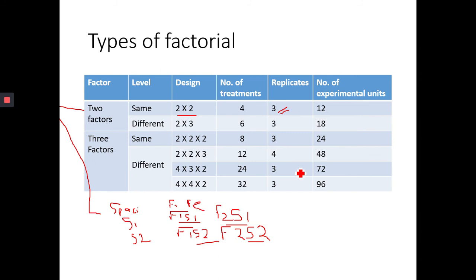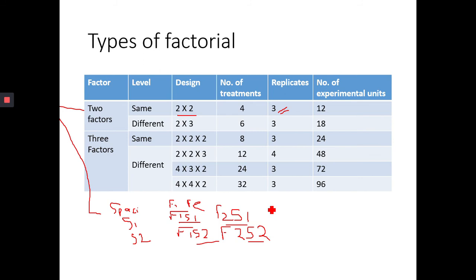Now, if we use 3 replicates, the number of experimental units, remember, the experimental units simply refers to those elements that are receiving the treatments. It could be animals. Experimental units can be fish.